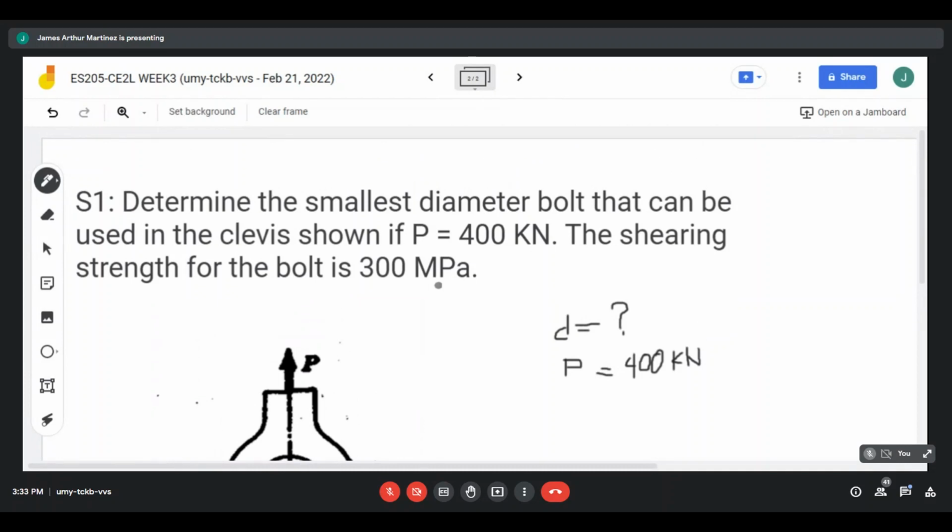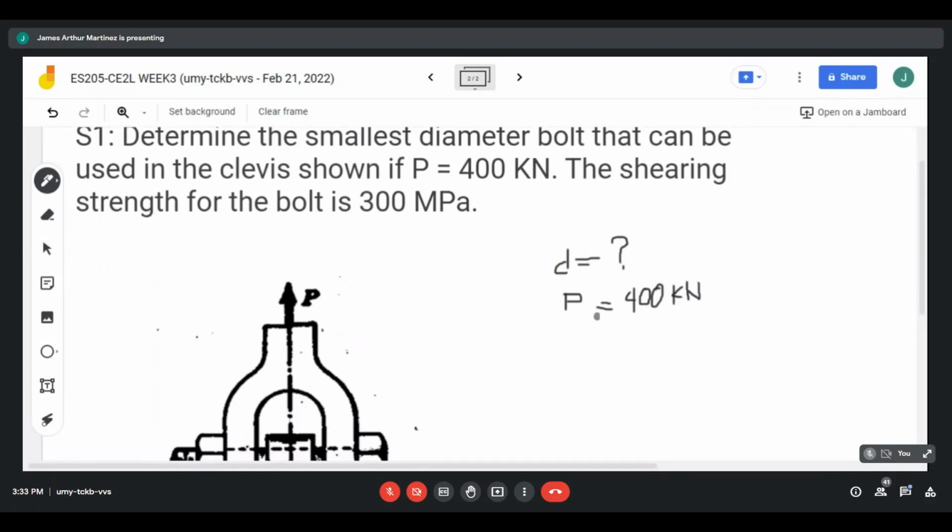And then gitagaan po ta og limit sa ihang shear strength. So the shear strength therefore is only equal to or limited to 300 MPa.